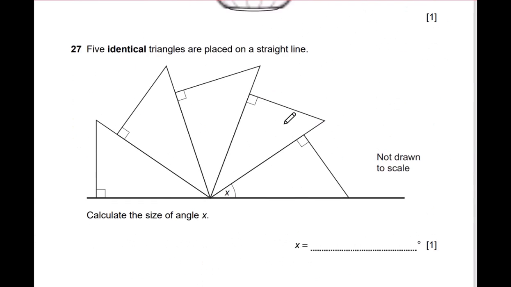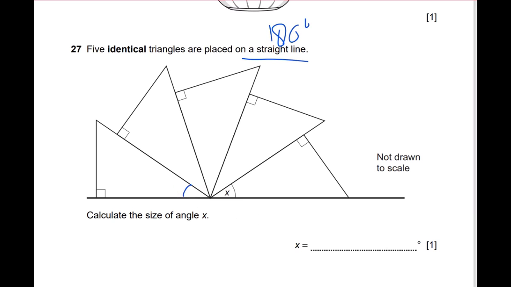Next, 27. 5 identical triangles are placed on a straight line. Calculate the size of angle X here. Please pause this video if you need more time. A straight line is 180 as usual.